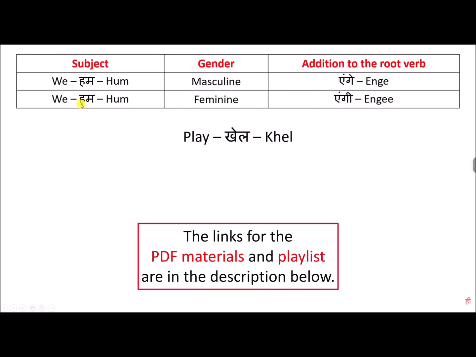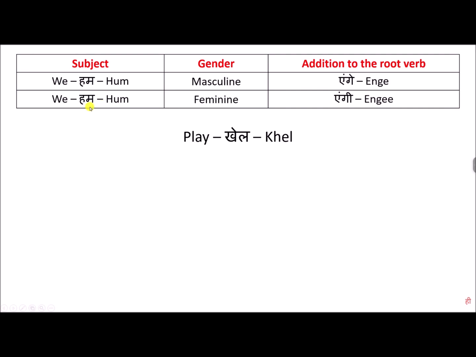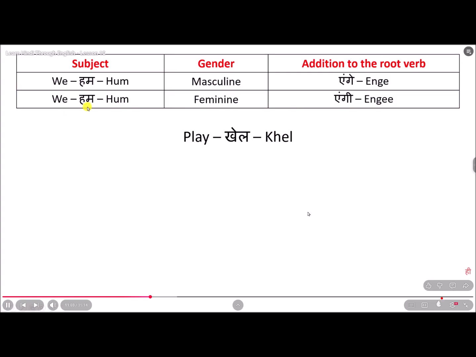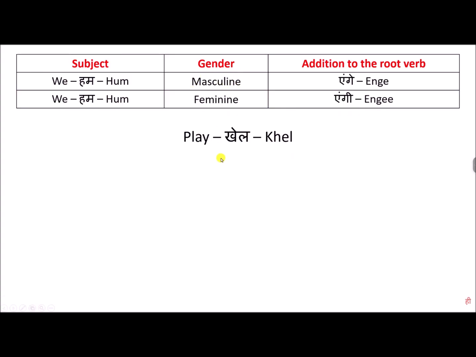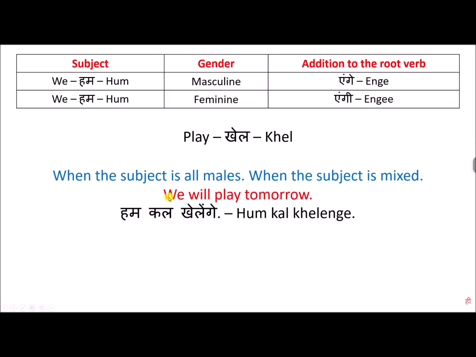If the subject is of mixed gender, meaning it has both male and females, then we use the rule for masculine. Okay. For example, we will play tomorrow is हम कल खेलेंगे.